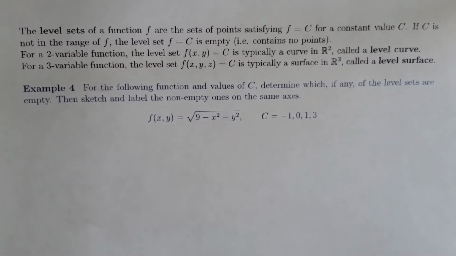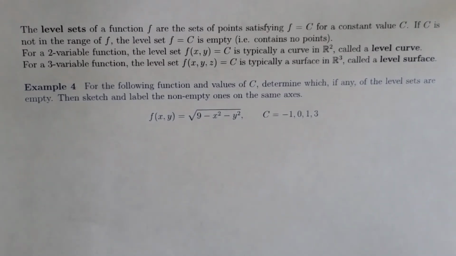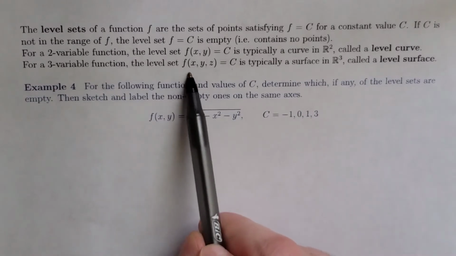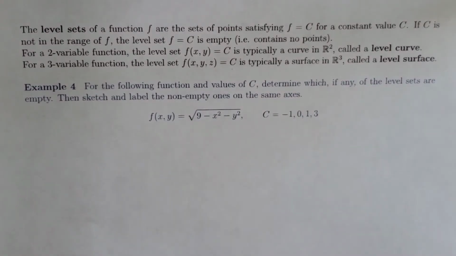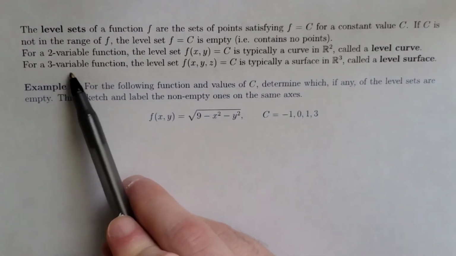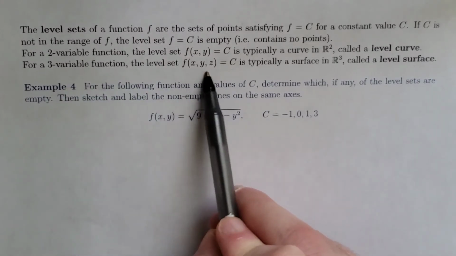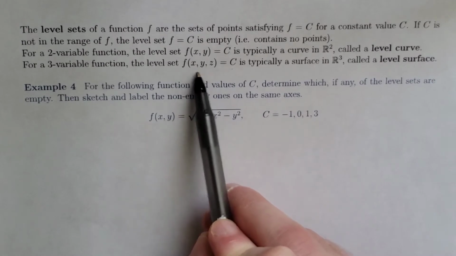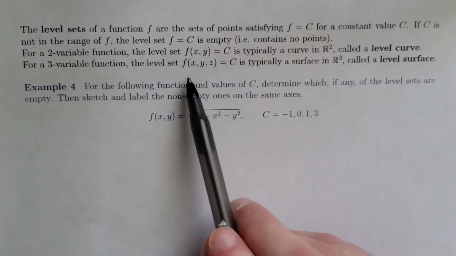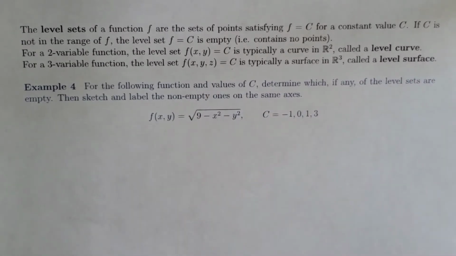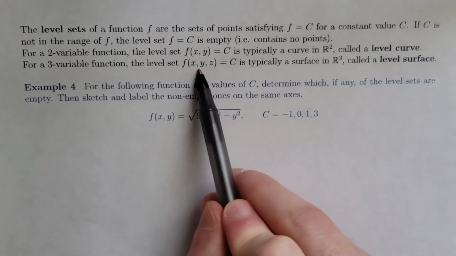All right. Why do we even do something like that? Well, clearly it would be hard to draw a four-dimensional object. So in particular for a three variable function, we can't draw a four-dimensional object, but what we can do is draw their level surfaces to see a little bit of an idea of what's happening.